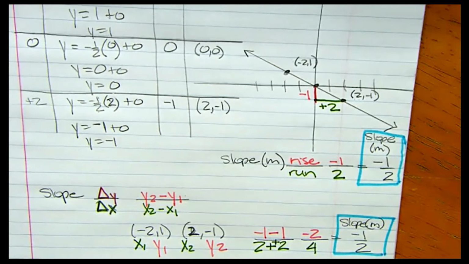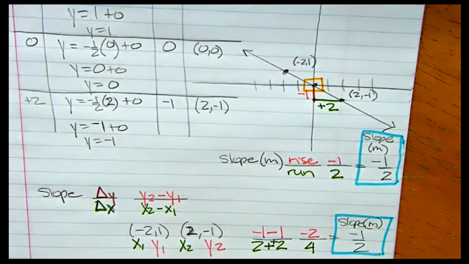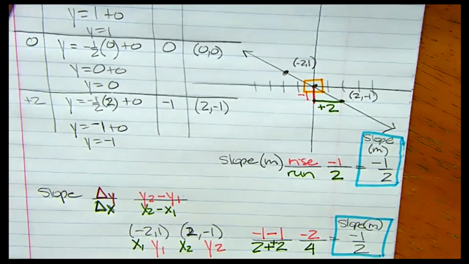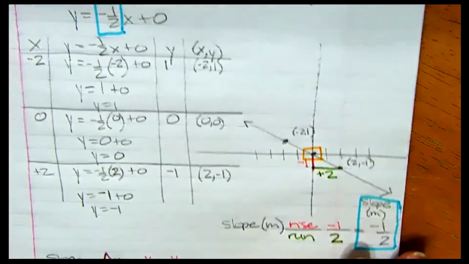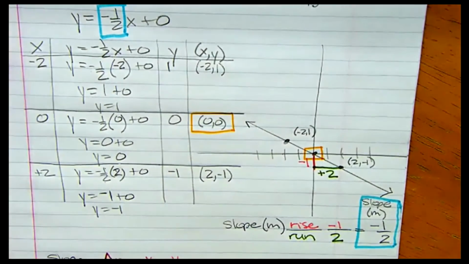The other thing we've been working on is proportional relationships. A proportional relationship has to go through the origin, which means in a table like this, we would have the ordered pair 0, 0.